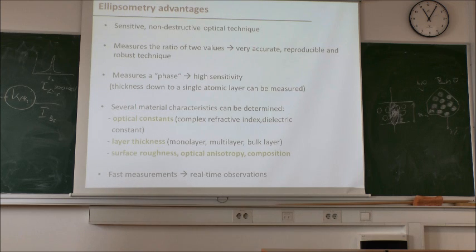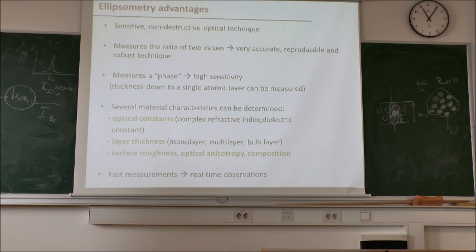Another very important and remarkable advantage is that ellipsometry measures a phase, which is highly sensitive to very thin films. With this technique, we can measure thickness down to a single atomic layer. Ellipsometry also allows a determination of various material characteristics, including complex refractive index and dielectric constants, and then thickness of monolayers, multilayers, and bulk layers.